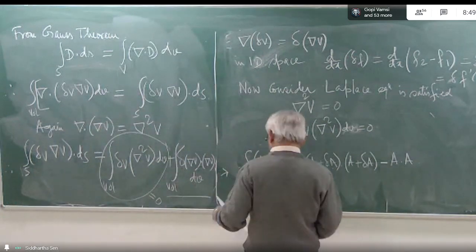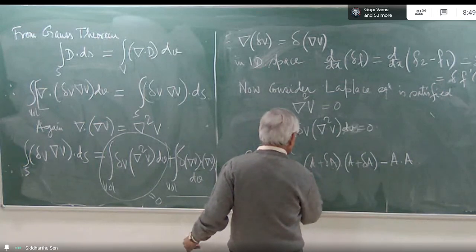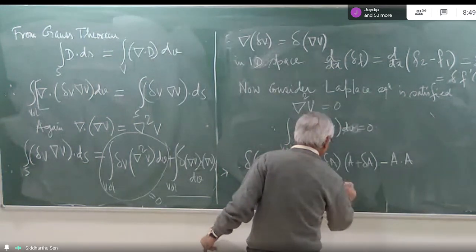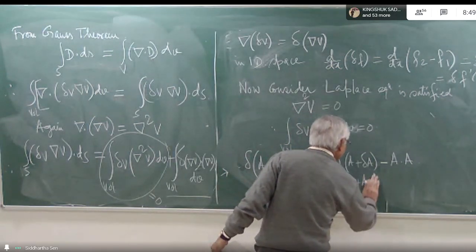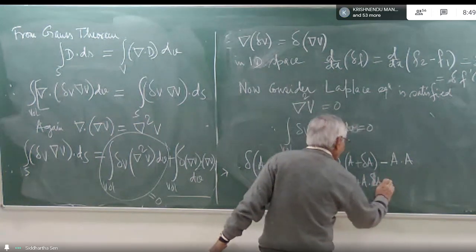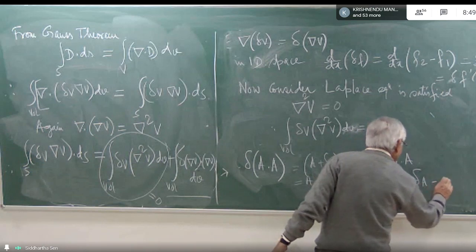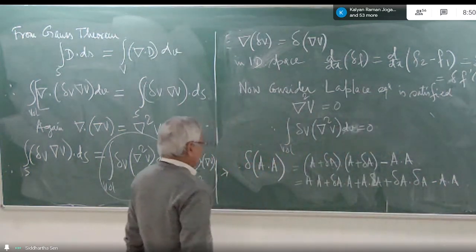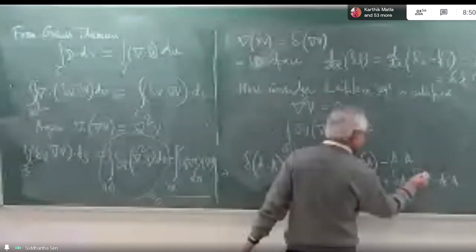So this one I can safely write down as A dot A plus delta A dot A plus A dot delta A plus delta A dot delta A minus A dot A. Okay. So this term cancels out.